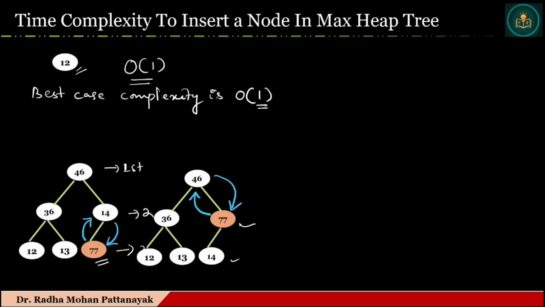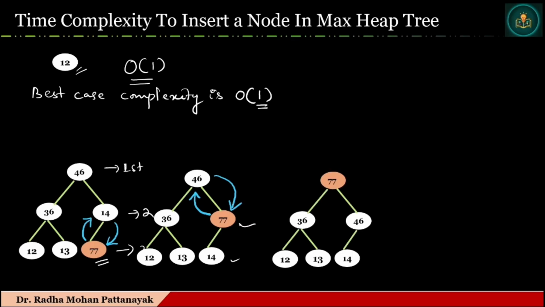And after comparison, 77 moves up and 46 comes down. Clear? You know that in a complete binary tree, it will take maximum log n levels to store n elements inside the tree, right? So in this way, we can say that in the worst case, to insert an element into the max heap tree, it will take log n time for comparison as well as log n time for the swapping to get the appropriate position, right?